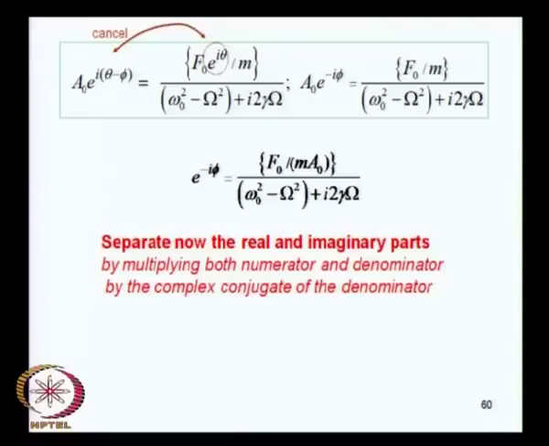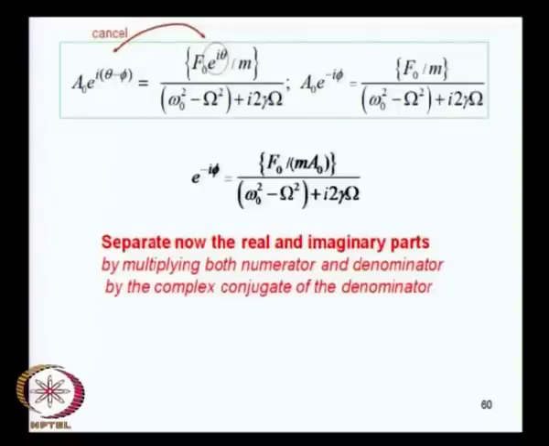You can always multiply any factor by 1 and leave its value unchanged, but you resolve this 1 into a ratio of the complex conjugate of the denominator in the numerator and the same in the denominator, and then you can clearly separate the real part and the imaginary part.